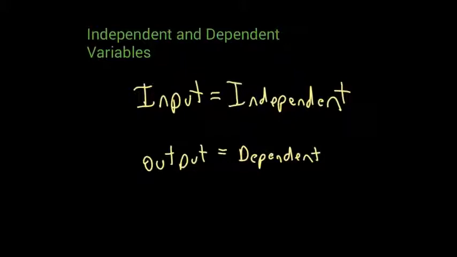Usually your input is your x and your output is your y. The reason is that whatever you put into your function, your output is going to depend on what you put in for your input.